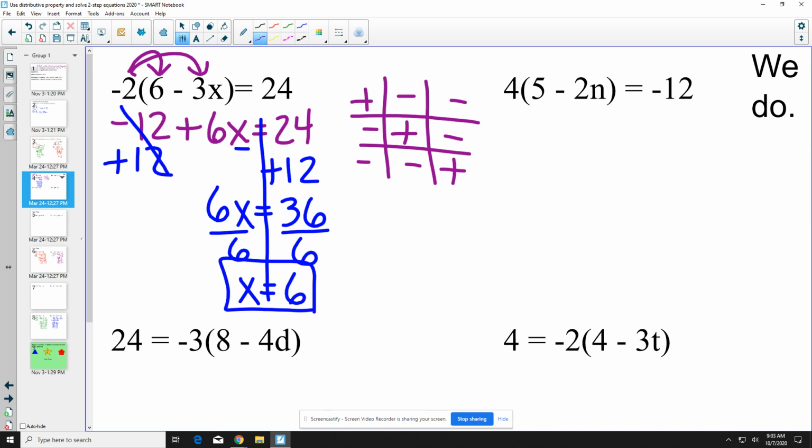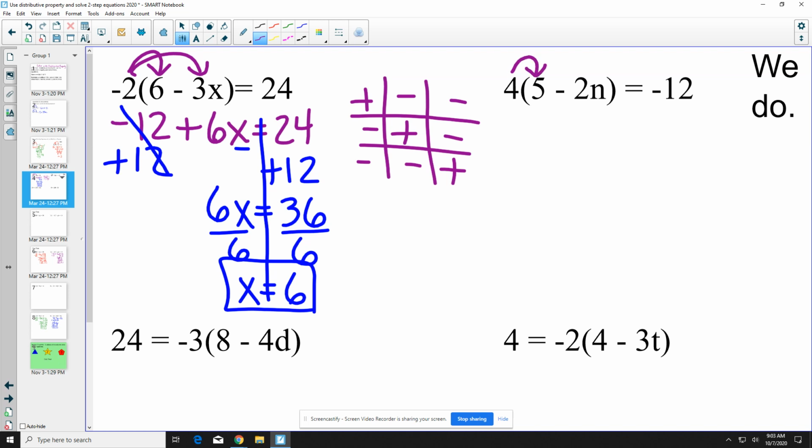Okay. Write down our next problem. Write 4, and then in parentheses, 5 minus 2n equals negative 12. Remember, if the video goes too fast, you can pause it. All right, so first we're going to use the distributive property.